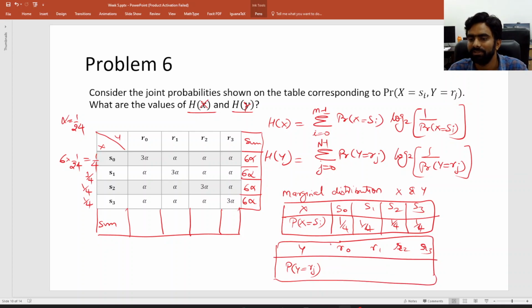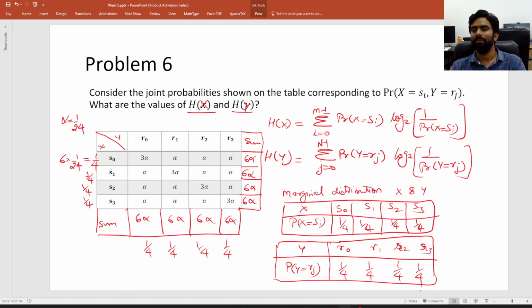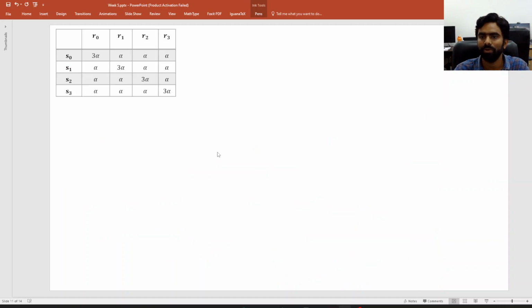Now for r0, the sum is 6 alpha, again 6 alpha, 6 alpha, 6 alpha. If you put the value of alpha, that would be the same. Clear?